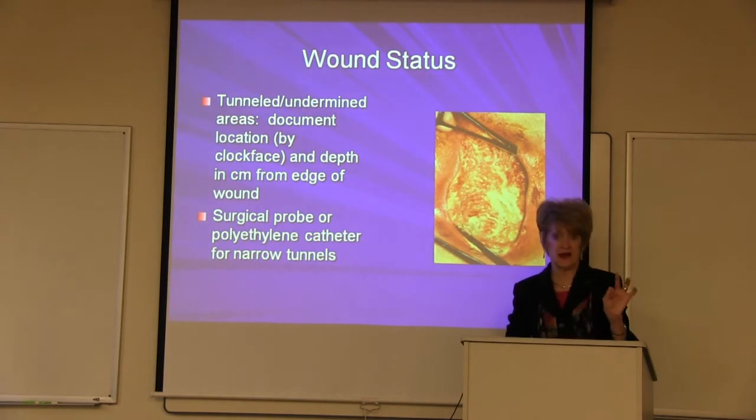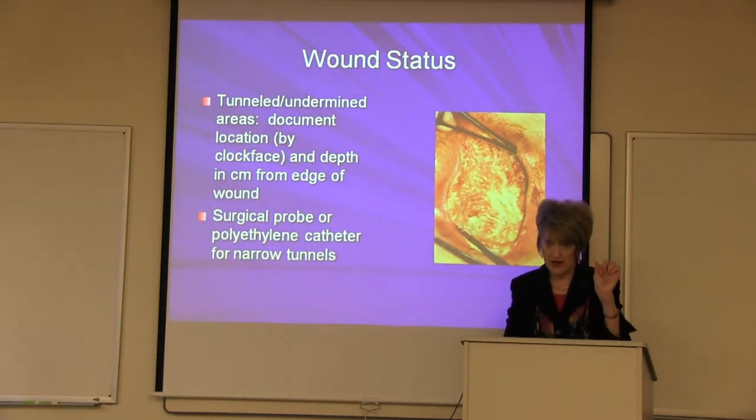If you had a very narrow tunnel, that's when you want to be very careful, because if you have a very narrow tunnel, like something like 0.2 centimeters, and you put your cotton-tipped applicator up in that tunnel, you're likely to leave the cotton tip behind. You never want to do that. So when you're concerned about leaving something behind in the process of measuring a very narrow tunnel, pick something safe.